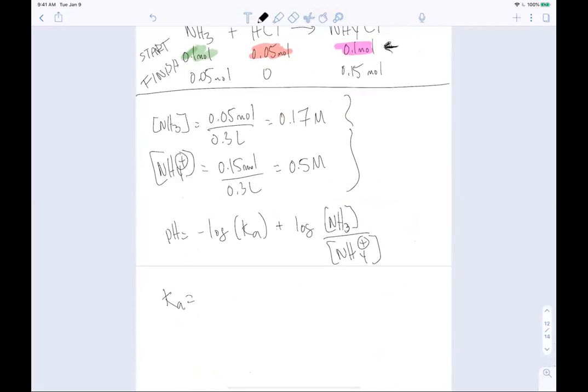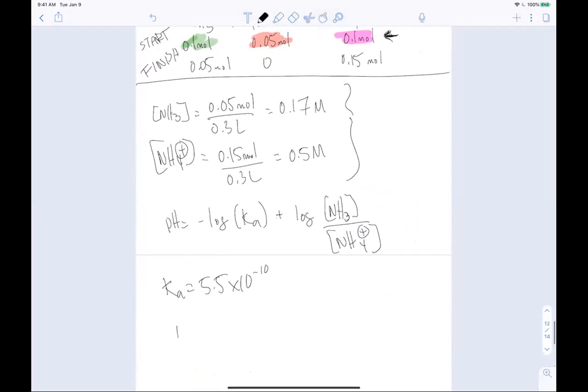We know the Ka is equal to 5.5 times 10 to the minus 10. So now we can just calculate it out. The pH is going to be equal to the negative log of 5.5 times 10 to the minus 10 plus the log of the ammonia concentration, which is 0.17, divided by 0.5.